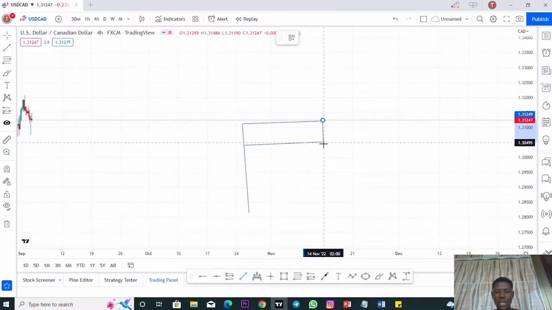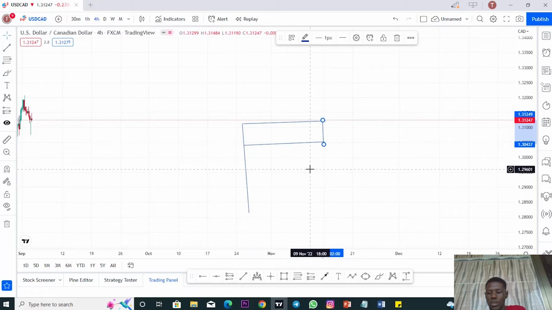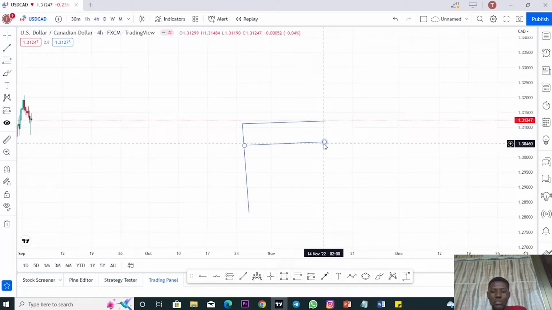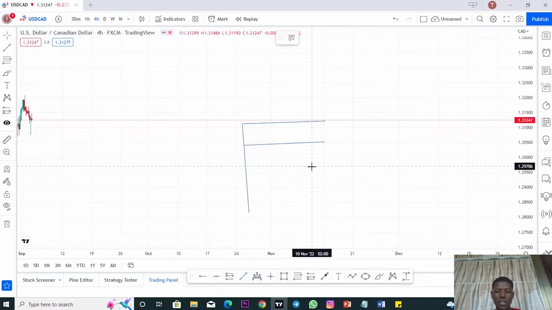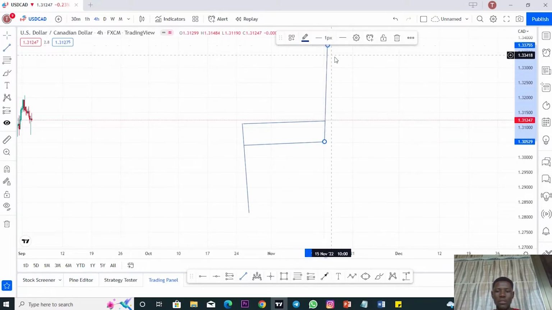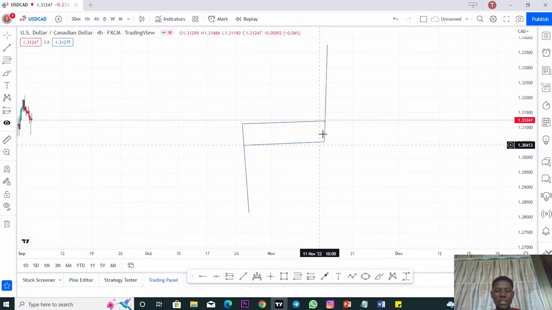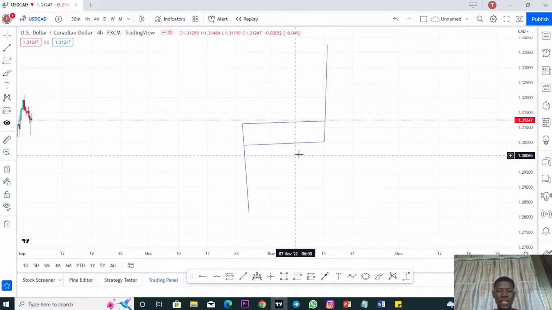And this is the same flag we are going to use on the chart. But here there is a little bit of difference. Let me show you the only difference. The only difference is there will be another spike here. You see, it still looks like the same flag.